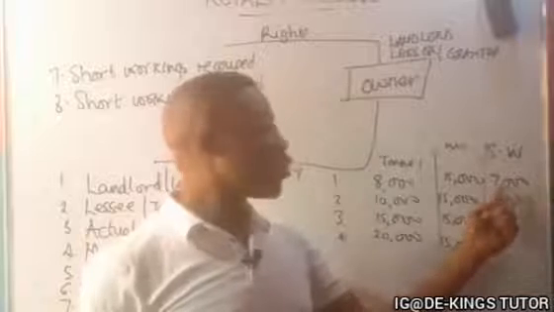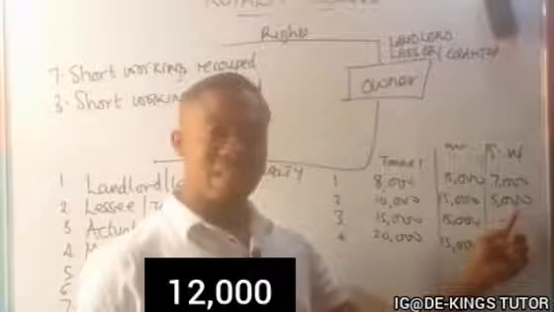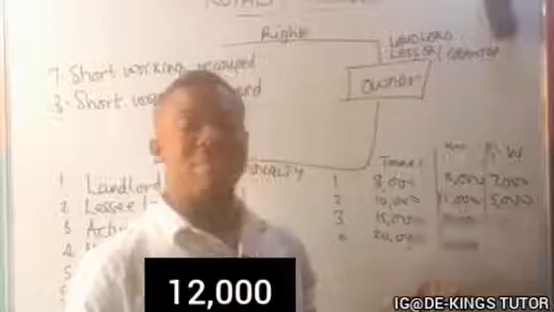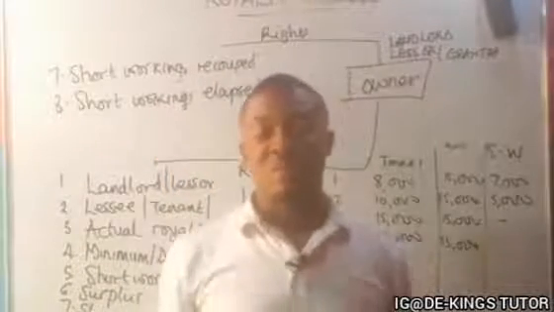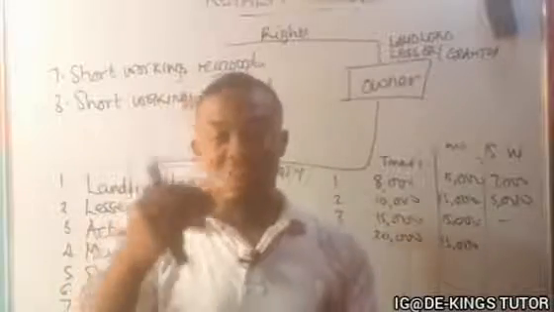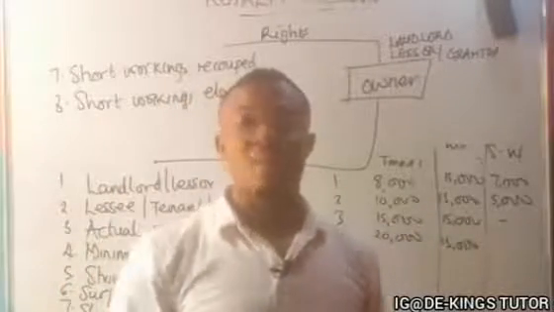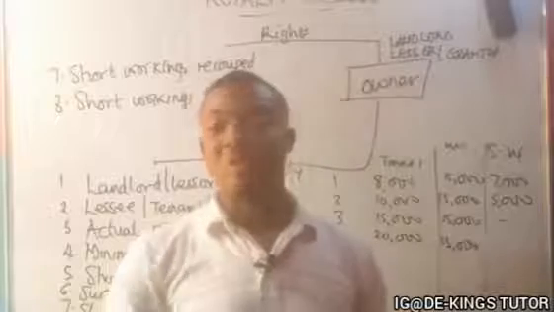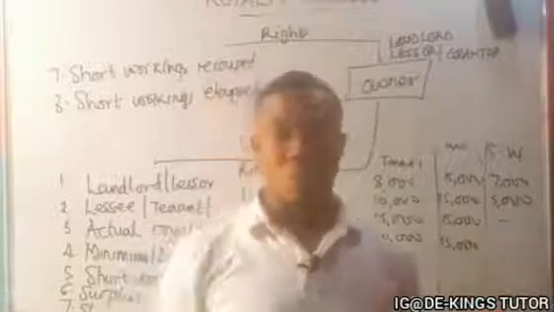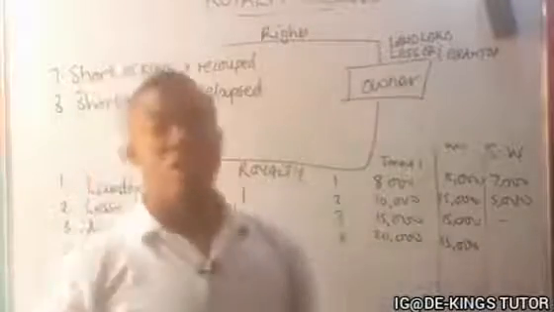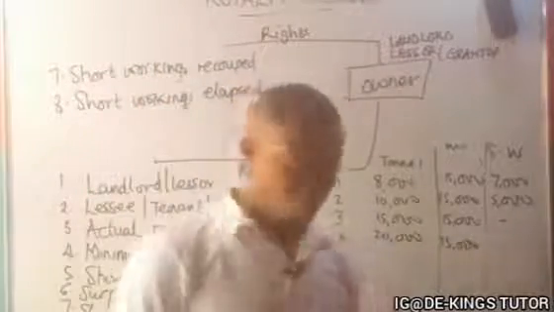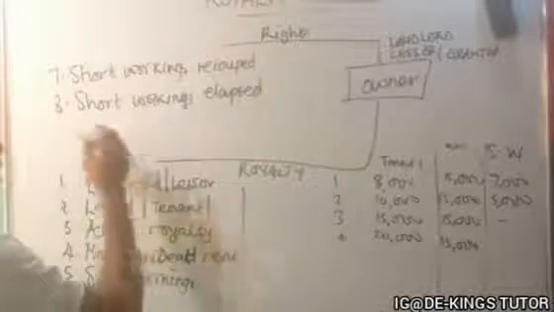It will just recoup 5,000 out of 13,000. The remaining 7,000 we have to elapse or treat as irrecoverable, because the number of years in which the privilege was given, the surplus cannot cover for it. So they have to elapse those ones. So that is what short workings elapsed or irrecoverable is.